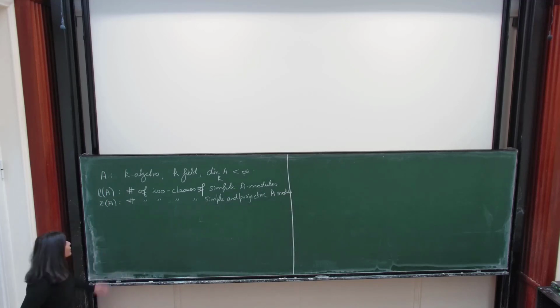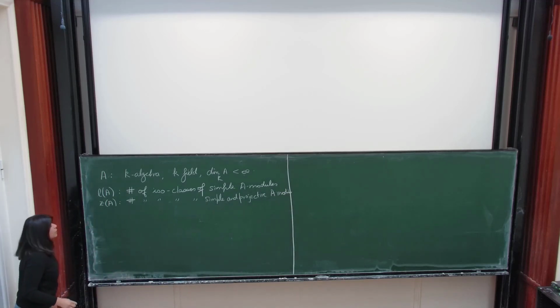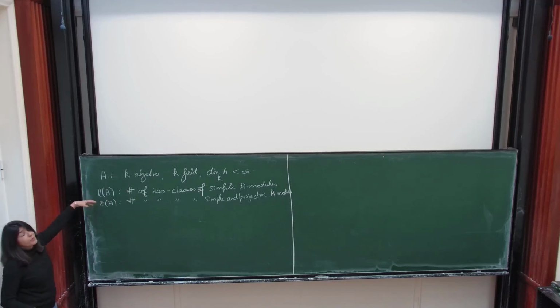So clearly Z of A is less than or equal to L of A. Now the talk is really about, or at least the background for the talk is the relationship between these two numbers.